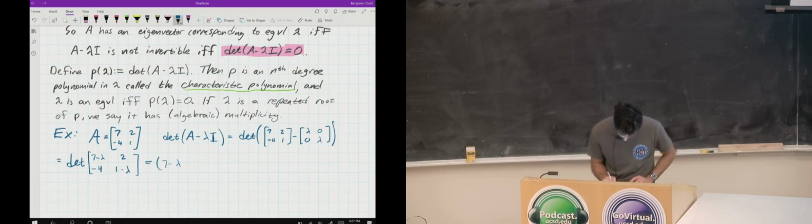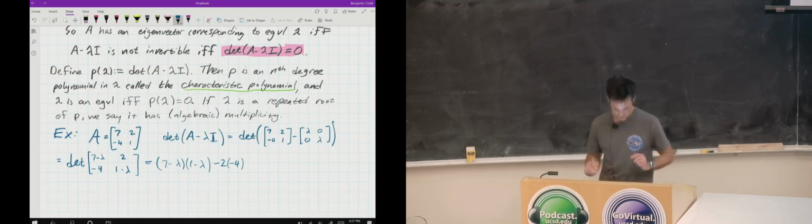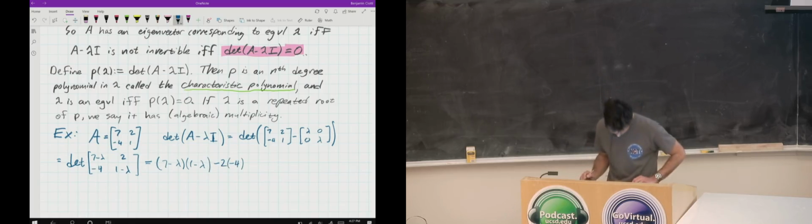So I get a 7 minus lambda times 1 minus lambda, minus 2 times negative 4. What's this?